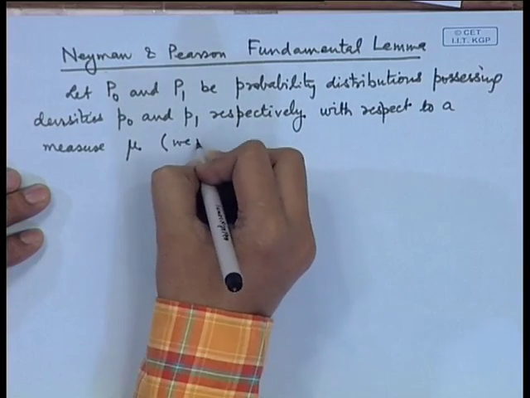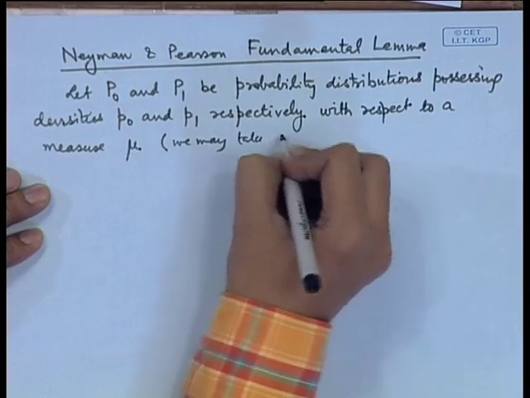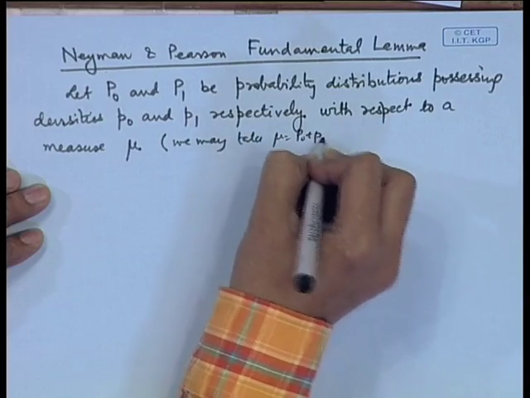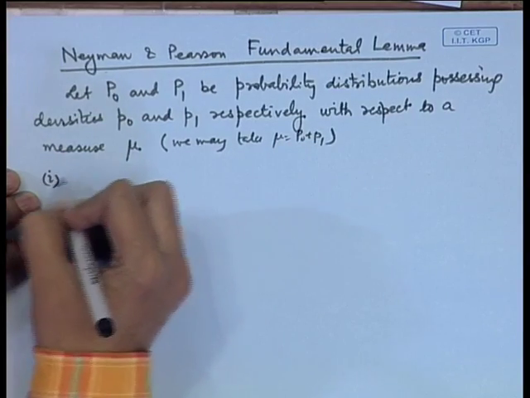We may take, say, mu equal to P0 plus P1 also. So, the first part is existence.